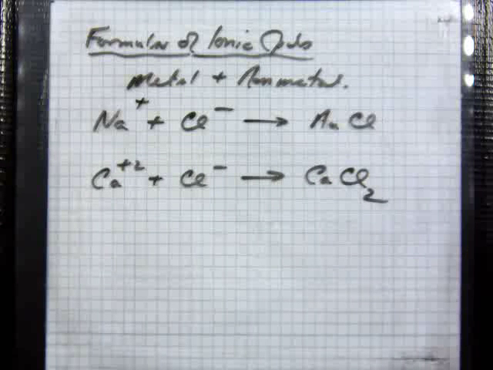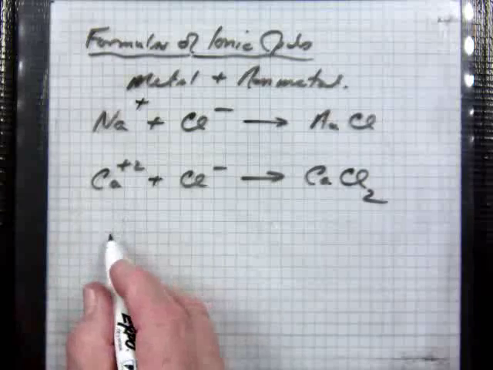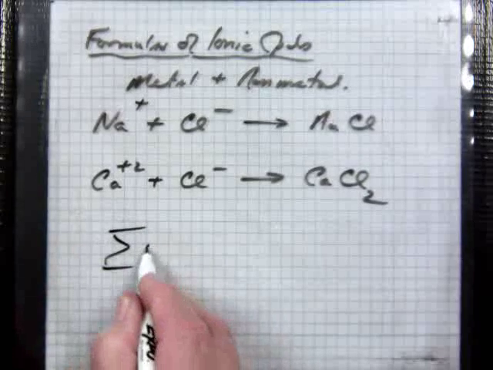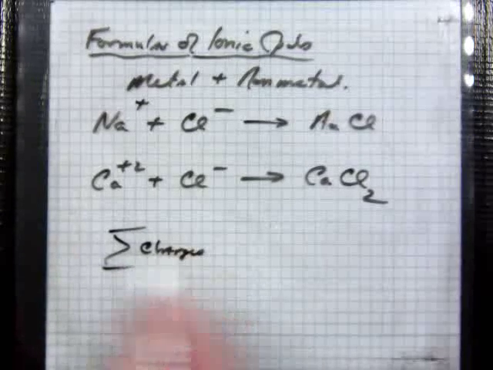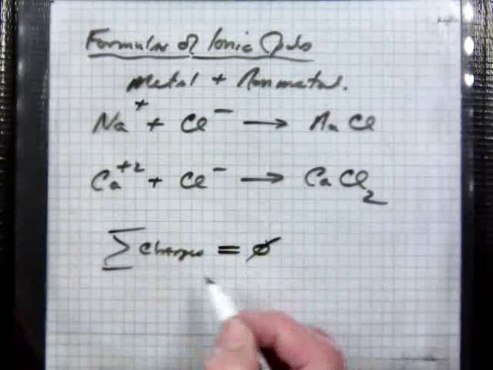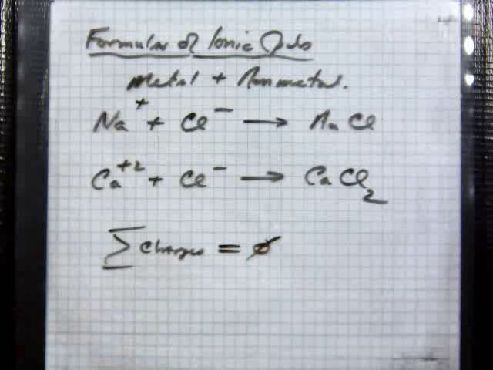It's a natural rule. The sum of all charges, or oxidation states, must equal 0 in writing these ionic compounds, unless it's a polyion and it has a net charge. We'll get to that.